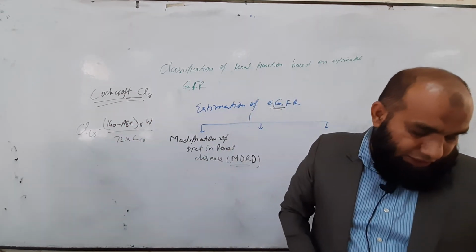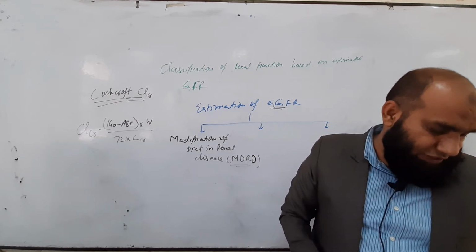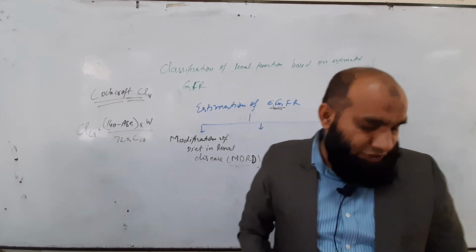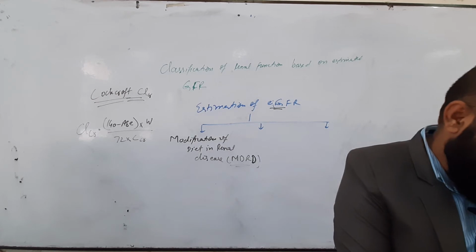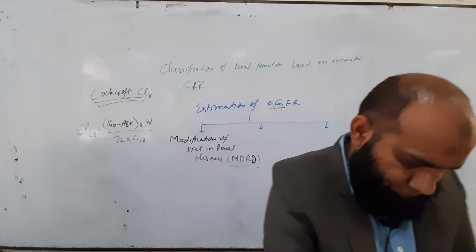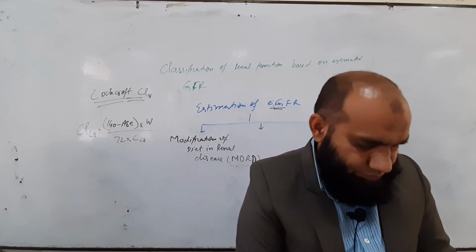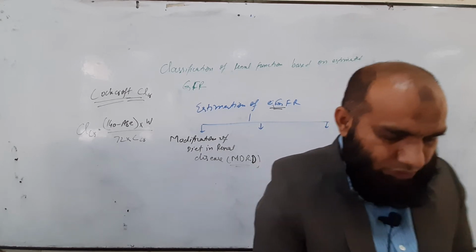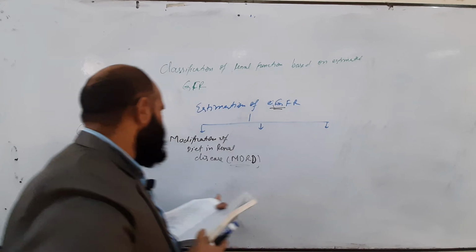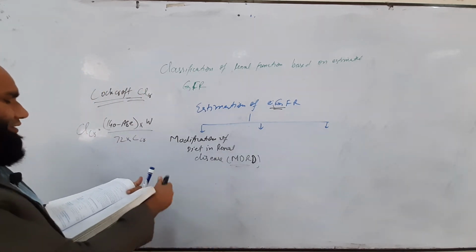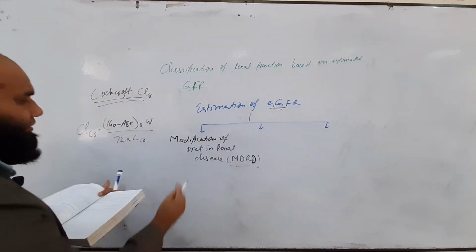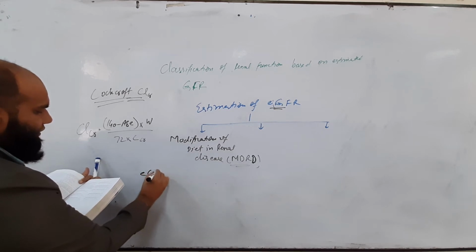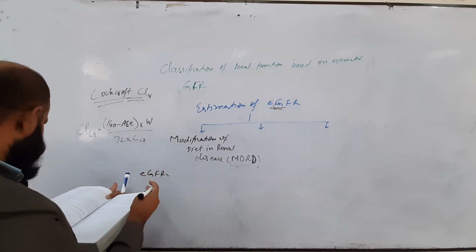And in comparison, when we are discussing the glomerular filtration rate, our formula is the MDRD method, and we want to calculate the estimated GFR. What parameters do we need?